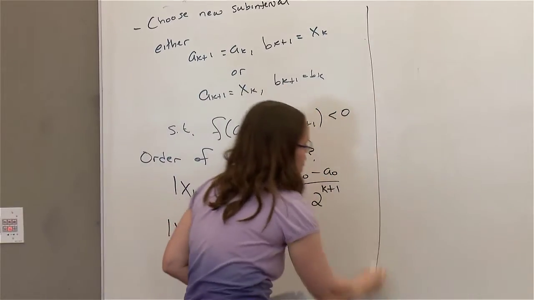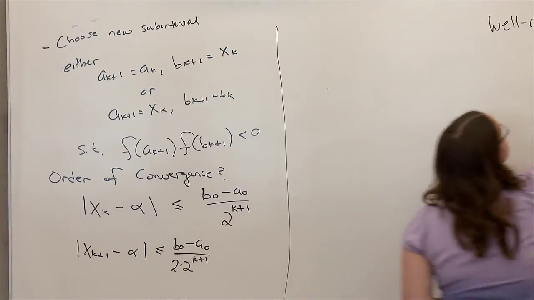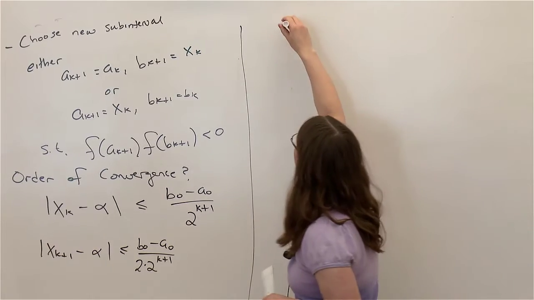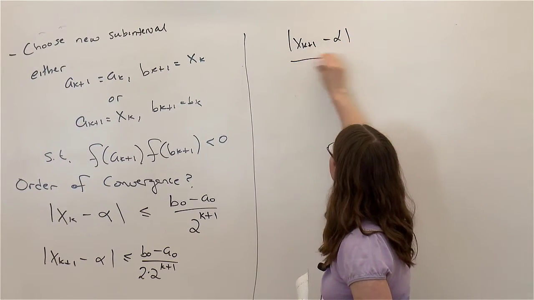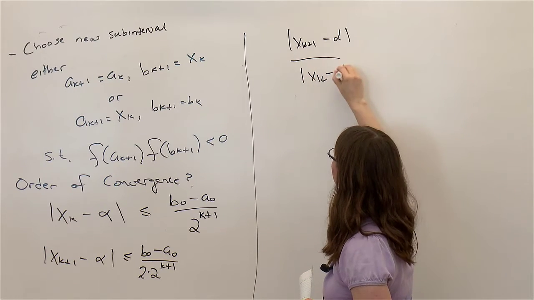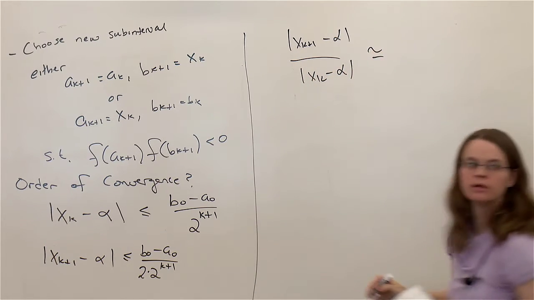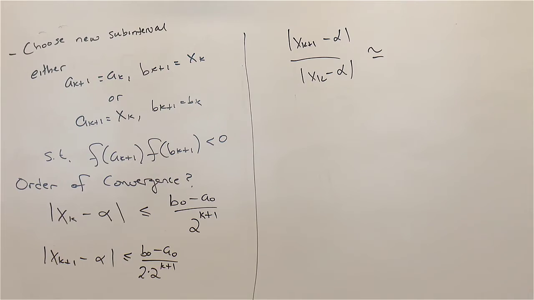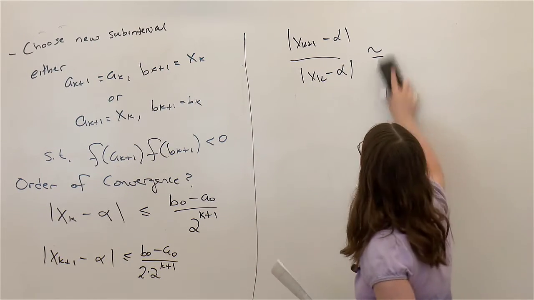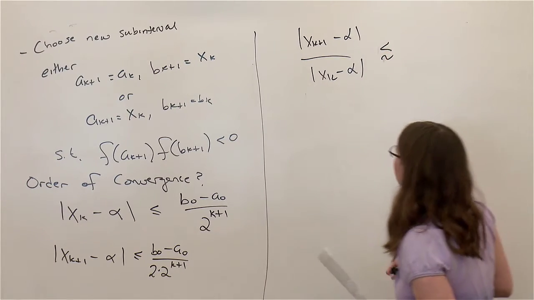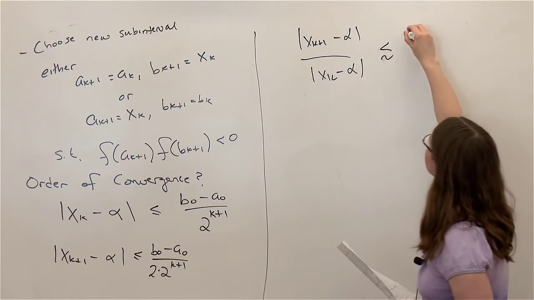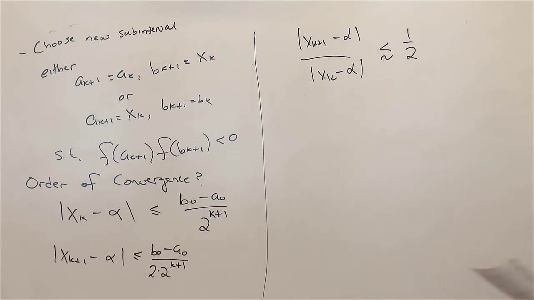Okay, so if I do that division, xk plus 1 minus alpha divided by xk minus alpha, we expect it to be, sort of a ballpark, let me call it this, ballpark to be less than 1/2.